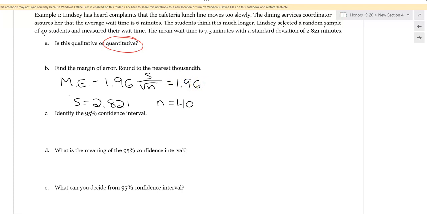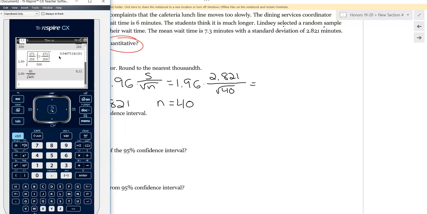So that's 1.96 times 2.821, over the square root of 40.